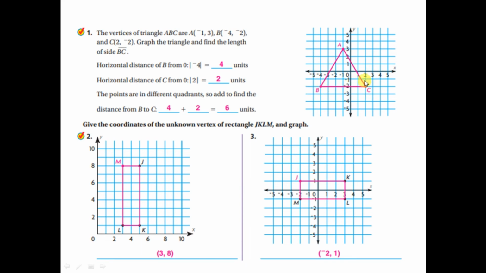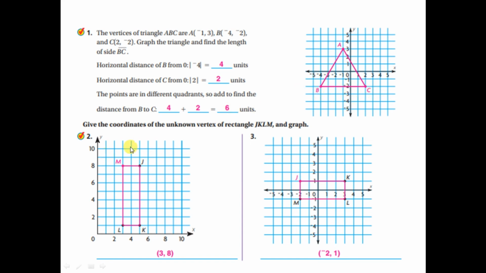So C is 2 on the x-axis, and B is 4 on the x-axis, and we always take the positive number, meaning the absolute value of it. Now we add 2 plus 4, it's equal to 6, and we got the length of BC.